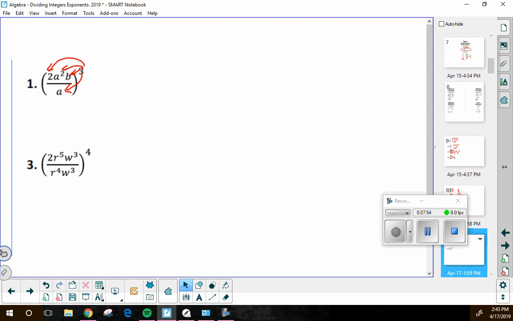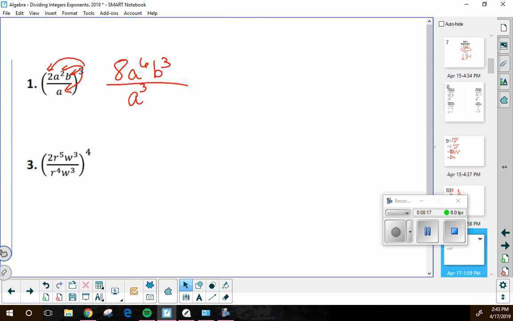Well, 2 cubed, I've done enough right now to know that 2 cubed is what? 8, yes. So 8, a to the what? 2 times 3 is 6. B to the third is just b to the third. And then on the bottom, that 3 goes down to the a as well.